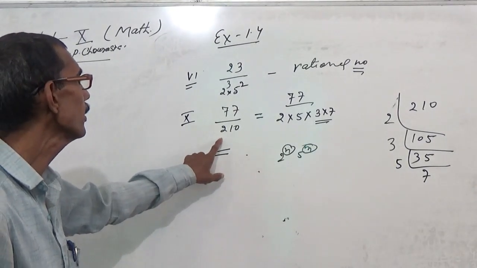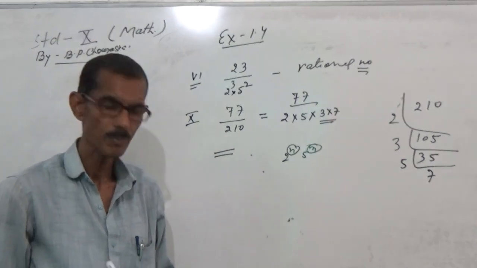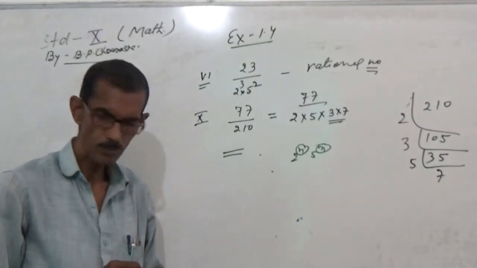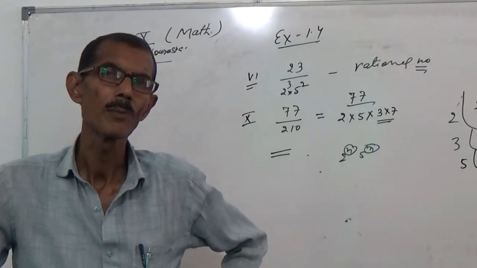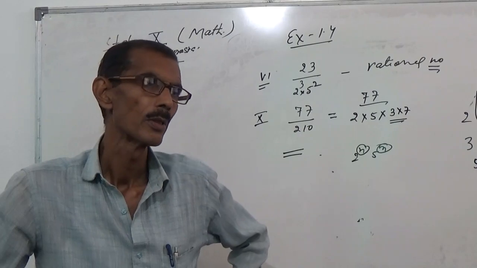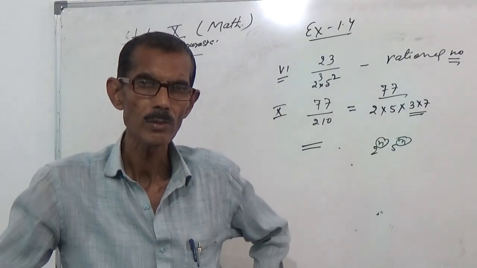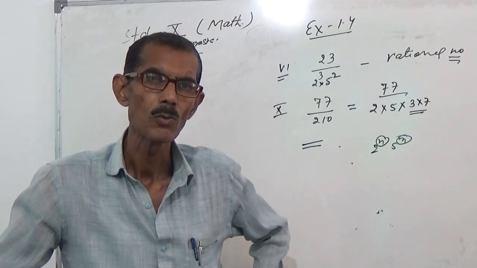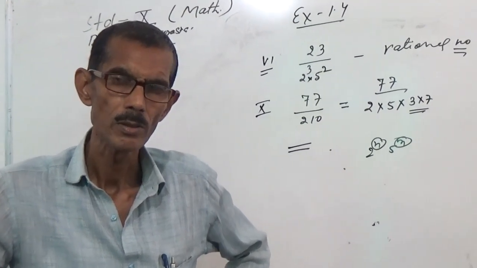This rational number is non-terminating. Similarly, you can solve other questions of this form, and you can easily obtain which type of given rational number is terminating or non-terminating without actual division. Thank you.